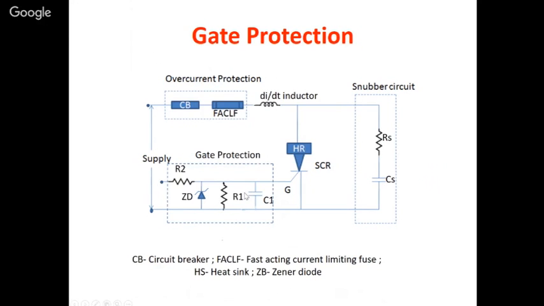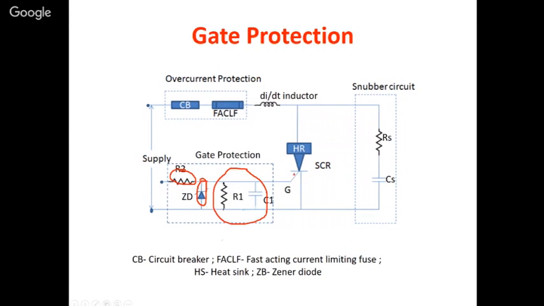In gate protection, this portion is the low pass filter, and this resistor R2 is for limiting the large current flowing through this circuit. This Zener diode is for clamping the large voltage coming. So this is for current protection, this is for voltage protection of the gate, and this is the low pass filter in order to eliminate the lower harmonics.